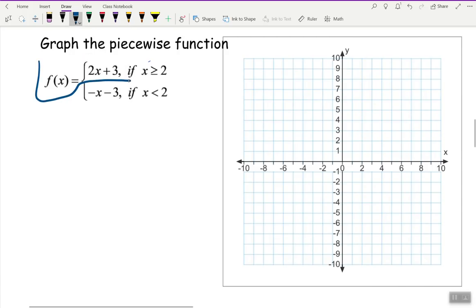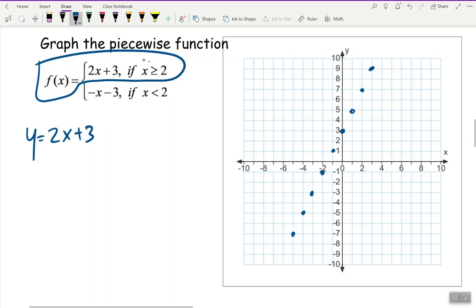So if I was going to graph this top one, that's the same as y equals 2x plus 3, right? And so our y-intercept is at 3, and our slope is 2. So we're going up 2, right 1, or down 2, left 1. But our constraint says that we just want x values that are greater than or equal to 2.